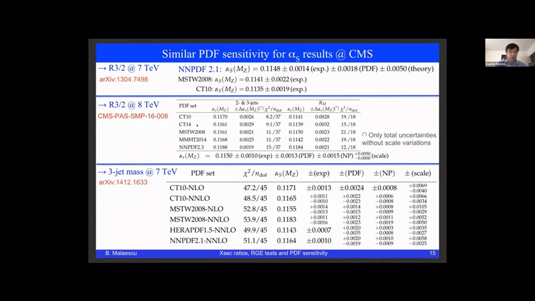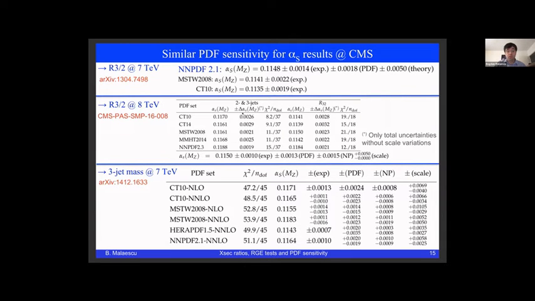Then R32 at 8 TeV, interestingly enough. Here you have the results from the cross-section ratio itself, but in addition, CMS also extracted alpha S from a joint fit of the 2-jet and the 3-jet cross-section ratios, as you can see here. If you look at the uncertainties of these extractions, they are not so different.